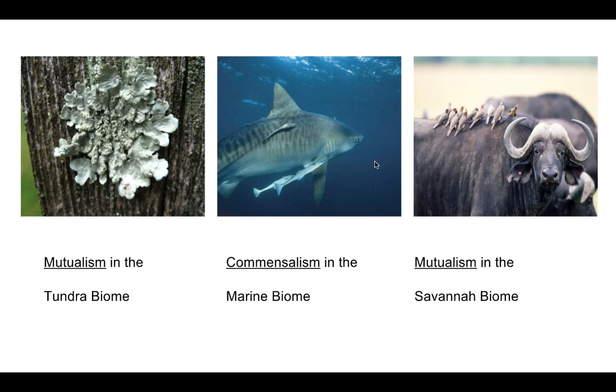The shark is neither getting helped or harmed, so it's only helping these organisms. Mutualism in the savanna biome. These birds, they're up off the ground, so they're safe from other predators. They also get food source from the bugs on these oxen-style buffalo, and the buffalo get the insects off of them. So it's a mutual relationship.